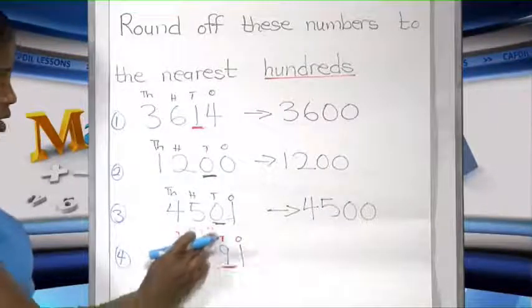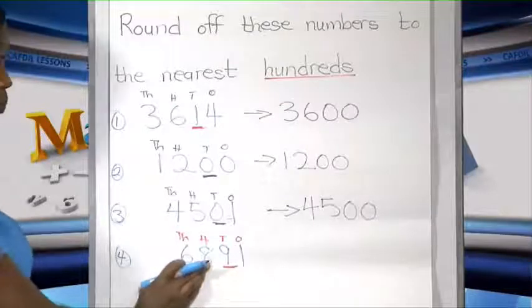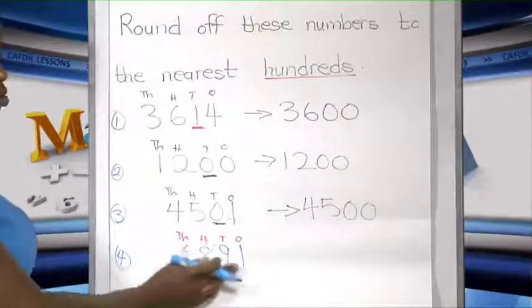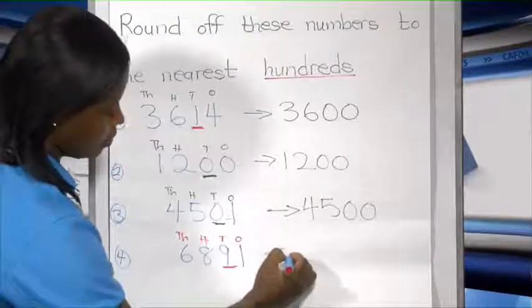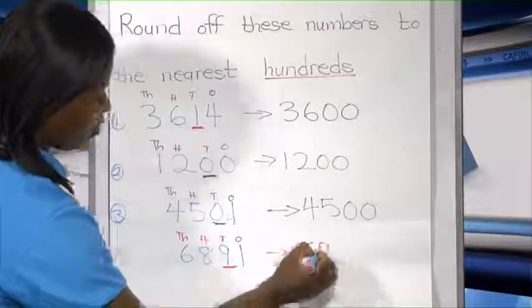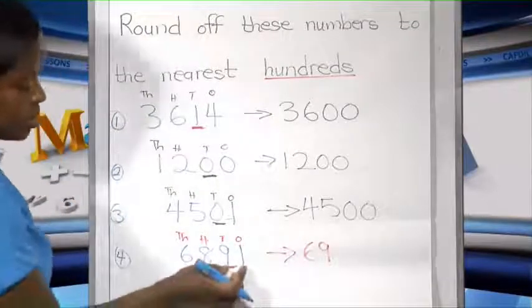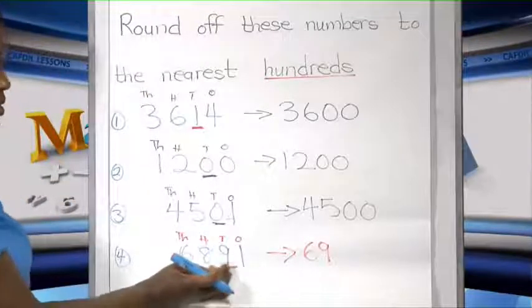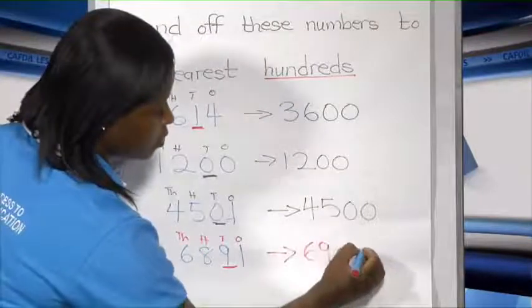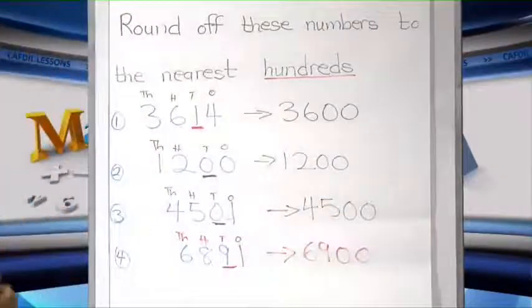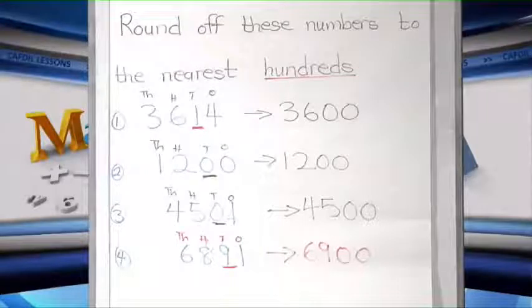So let's add 1 to the digit at the hundreds place. It is 8. So when we add 1 to the 8, we will get 9. We will get 9, and then write the rest of the digits at the tens and the ones place as zeros. So 6,891, rounding it up to the nearest hundred, will be 6,900.